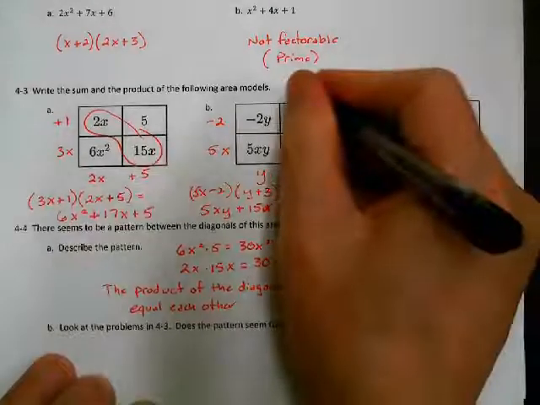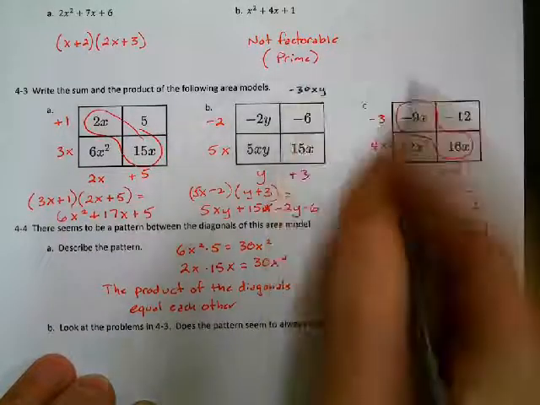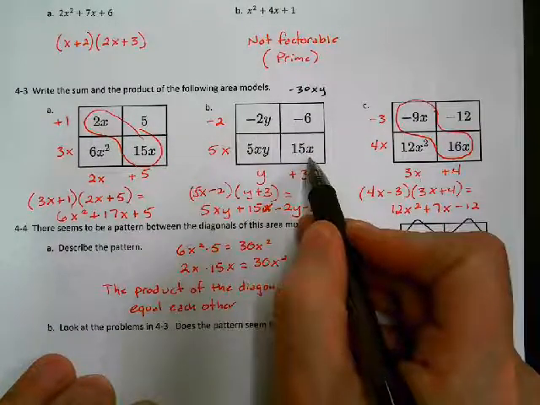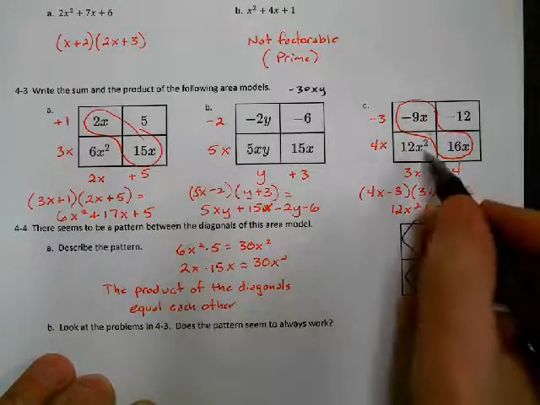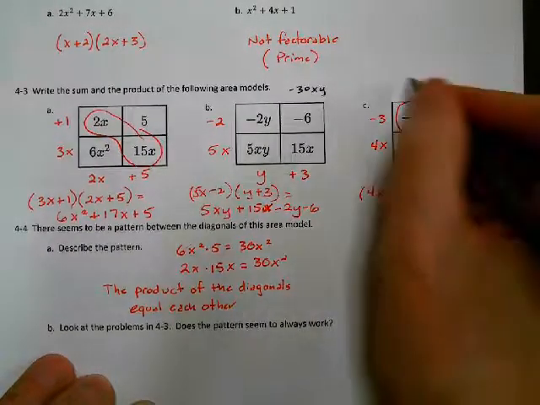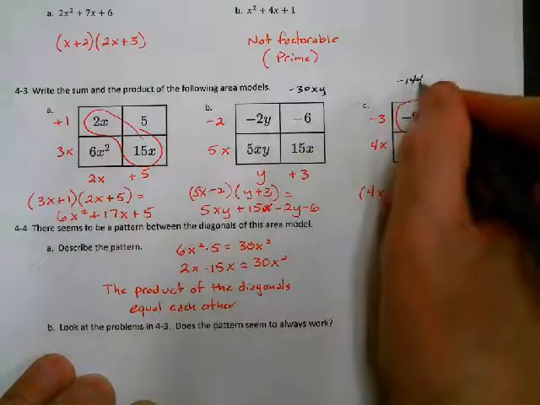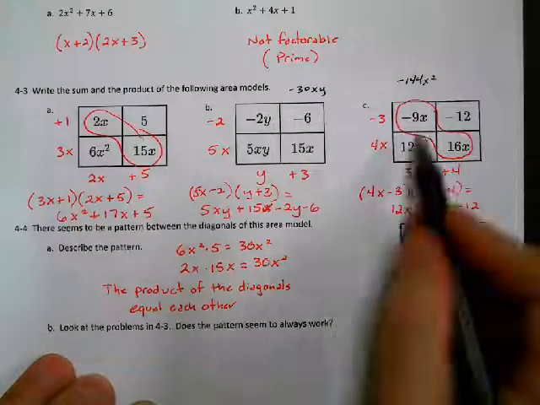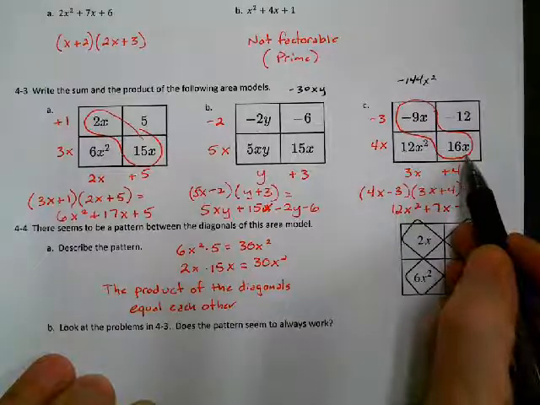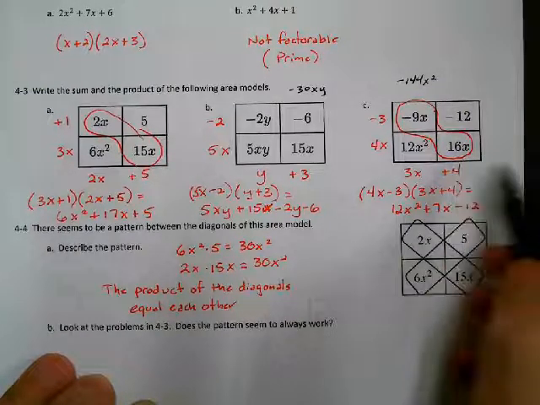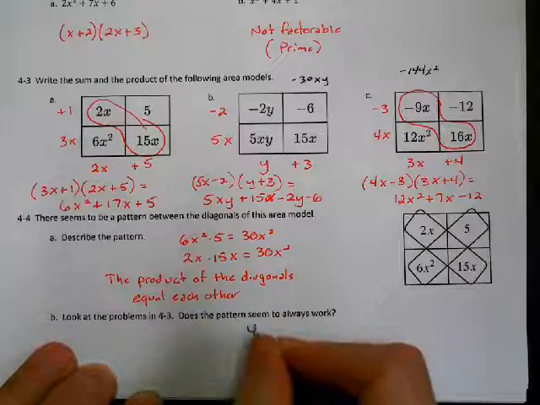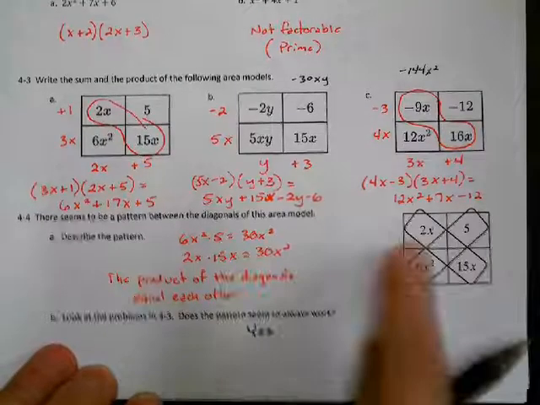Negative 2y times 15x, is that negative 30xy? It sure is. 12x squared times negative 12, that's negative 144x squared. Negative 9x times 16x, yep, that's negative 144x squared. So yes, the pattern seems to always work. The diagonals, when you multiply them, always equal each other.